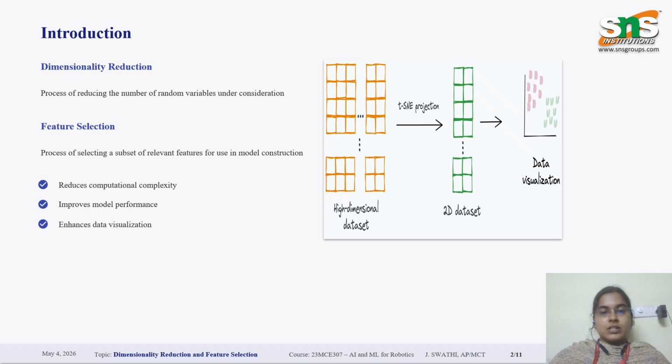Feature extraction transforms the data into a lower dimensional space to reduce the computation cost, prevent overfitting, and improve model performance. Common techniques include principal component analysis for variance maximization, linear discriminant analysis for class separation, and autoencoders.